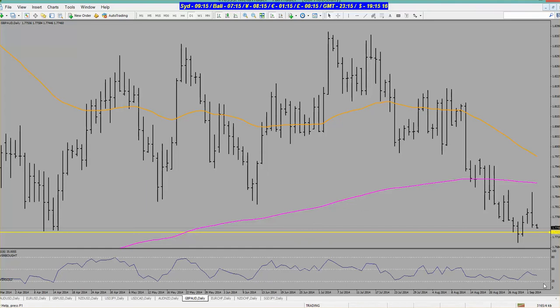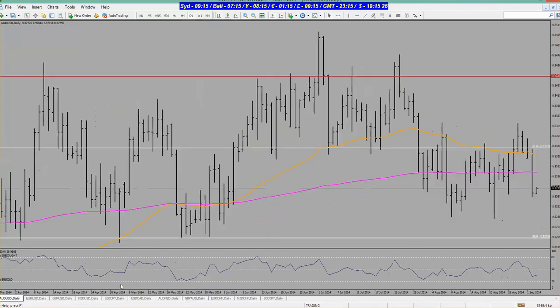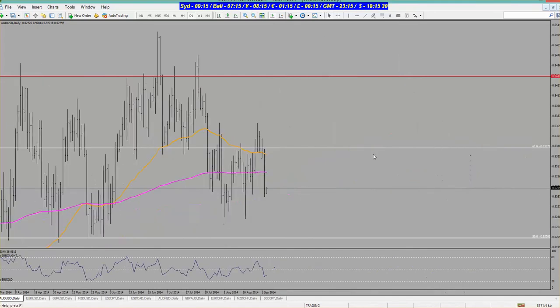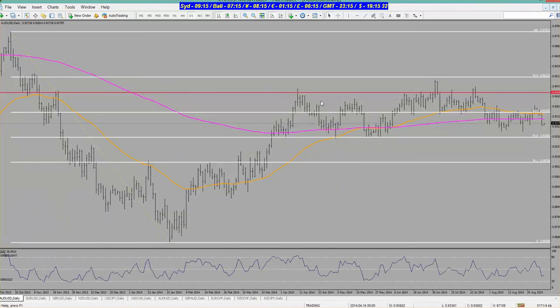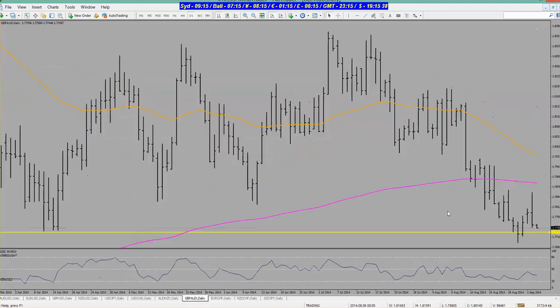We can see that there's plenty more to come on the downside, and there's a higher probability of this momentum continuing with the weakness in the cable, and the Aussie's just messing about, really doing nothing, which is just downright annoying. So yes, I would be getting into protection and moving my stop underneath that.